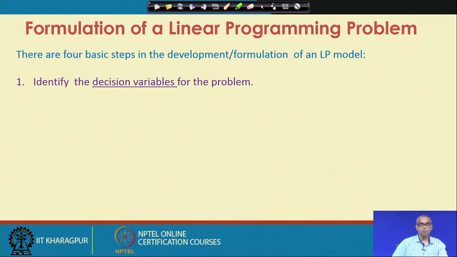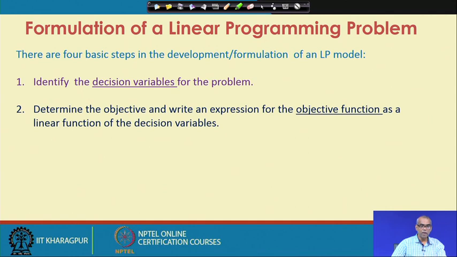This is the first step in problem formulation and a very important step. Oftentimes, it is very obvious what will be the decision variables. Sometimes, you may face some difficulty and you have to analyze the problem deeply, so that you can identify the suitable set of decision variables.